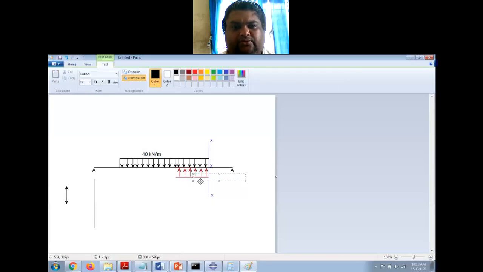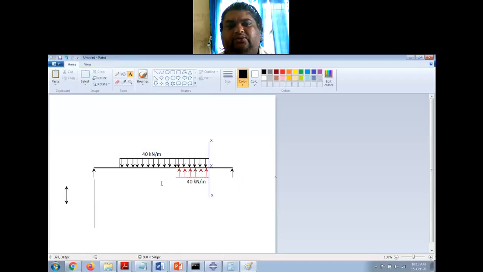This is also 40 kilonewton per meter. The only difference is that the UDL here, in red color, is acting in the opposite direction to this UDL. So in effect, there is no change in the loading on the beam.